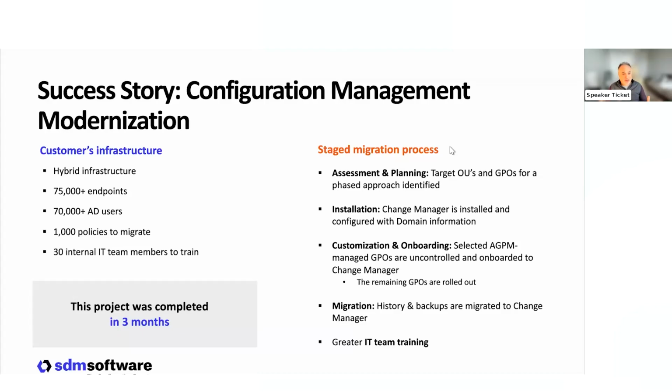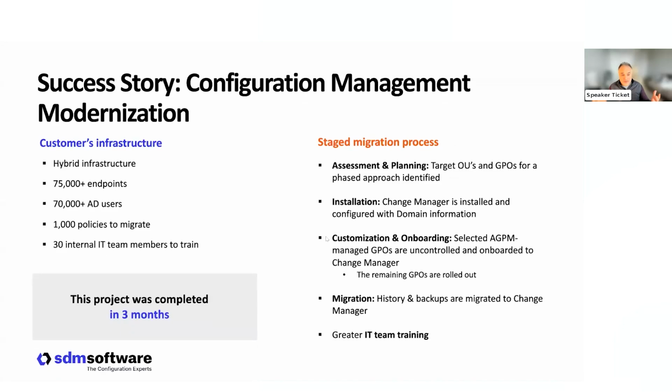And so some of the processes here is they did the assessment and planning. They wanted to find out which GPOs they are going to migrate, and whether they need to clean up any GPOs before they embark on a solution to manage change. They installed Change Manager and then configured it. Very simple. They onboarded GPOs over to Change Manager from AGPM.